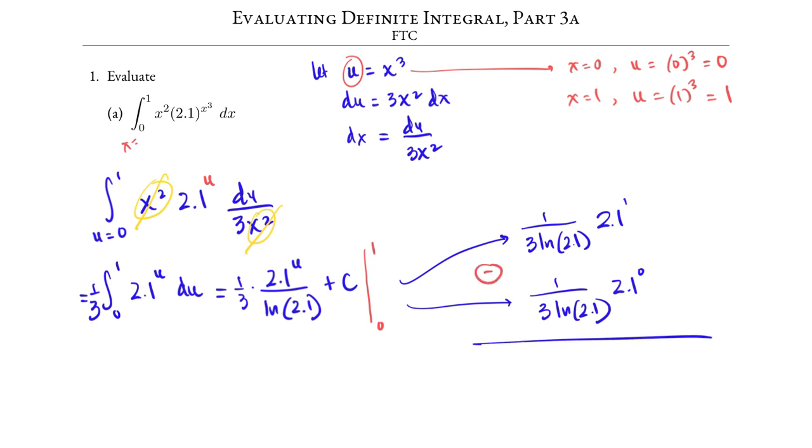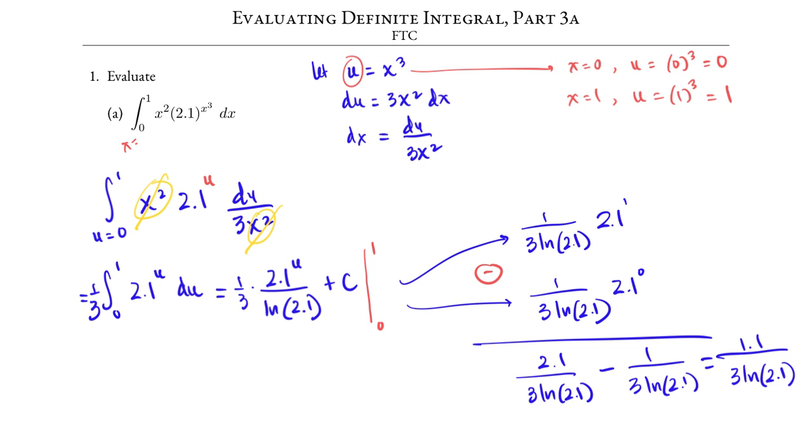And so the answer is 2.1 over 3 ln of 2.1 minus 1 over 3 ln of 2.1, since 2.1 to the 0 is 1. 2.1 minus 1 is 1.1 over 3 times ln of 2.1, because 3 times ln of 2.1 is a common denominator.